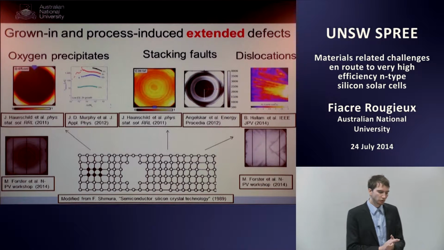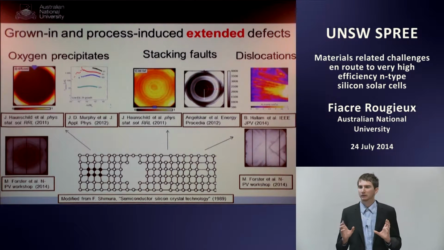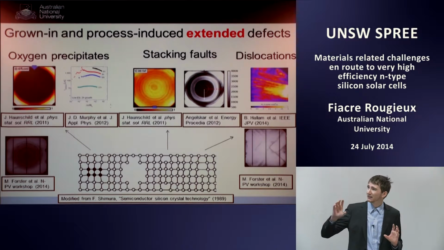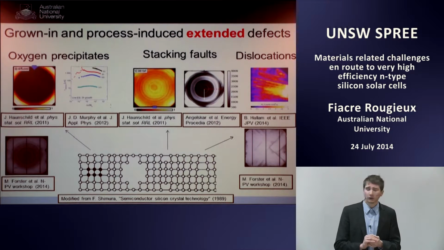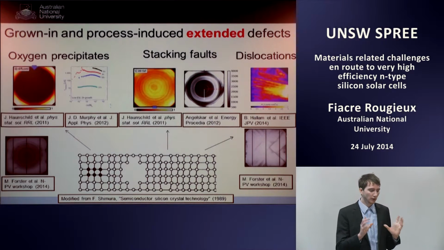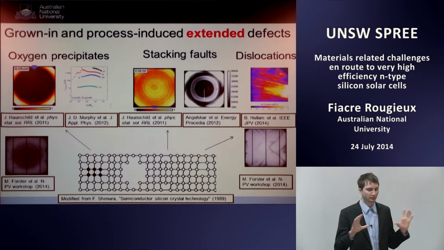So just to recap what we've seen so far, we've looked at different grown-in and process-induced extended defects. We've seen that oxygen precipitates are a real concern for high efficiency n-type solar cells, and stacking faults also to a lesser extent, and dislocations to an even lesser extent. But we have to keep in mind that all these extended defects can affect the lifetime.